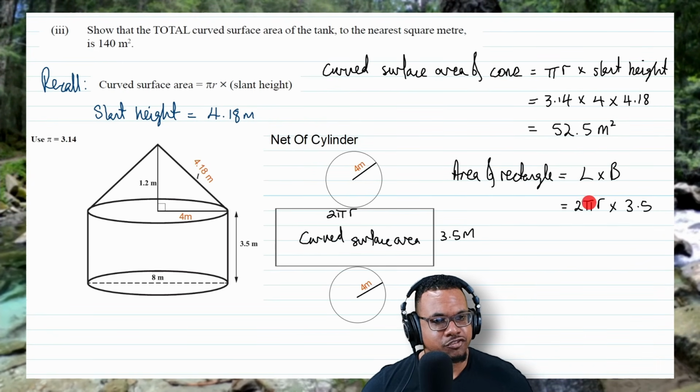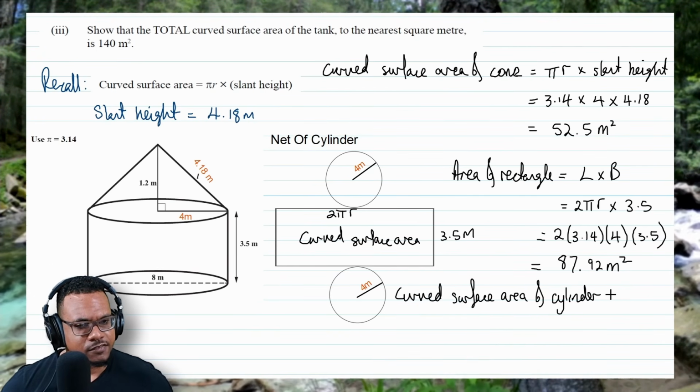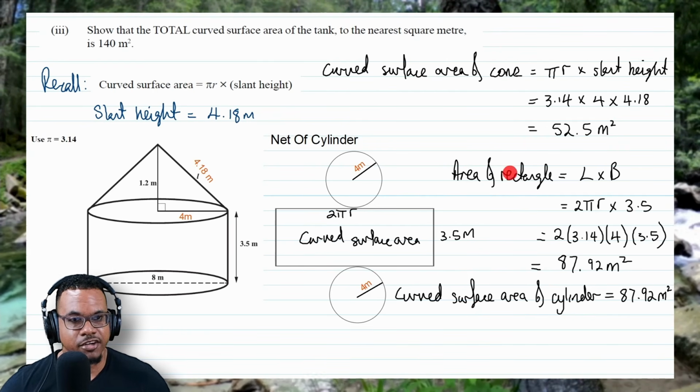So now putting in pi as 3.14 and radius as 4, we'll have the area of the rectangle be 2 times pi, which is 3.14, times the radius, which is 4, times the 3.5. So that'll be equal to 87.92 meters squared. So the curved surface area of the cylinder is equal to the 87.92 meters squared. All right, that's because the curved surface area of the cylinder is equal to the area of the rectangle.